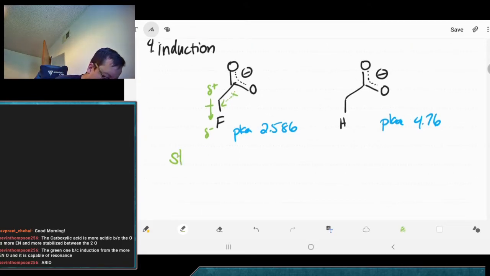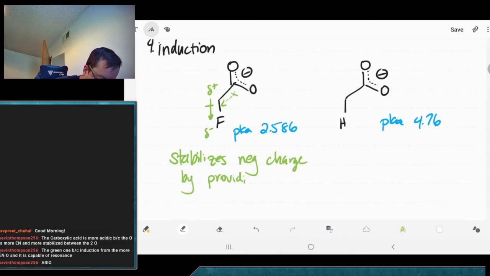So this stabilizes the negative charge by providing a nearby partial positive. That's a really ugly nearby. Nobody could read that. There we go.